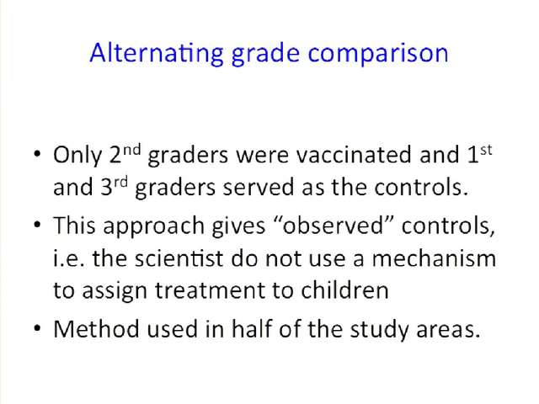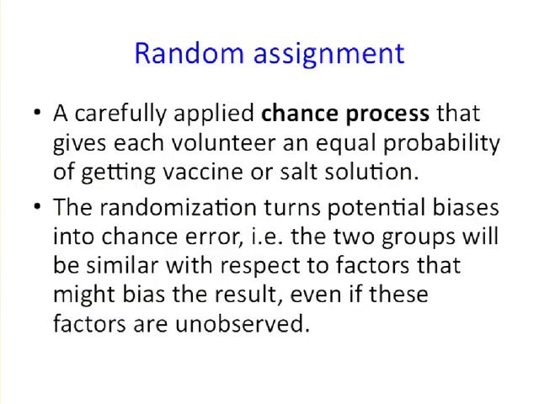All right, so the other design used random assignment, and this dates back to the ideas first introduced by Fisher, which we saw on Monday, this notion of randomizing. So that's a careful application of some sort of chance process. Instead of using non-consenters as our control group, we take all the children whose parents have consented, and of those, we randomly assign them to treatment or control.